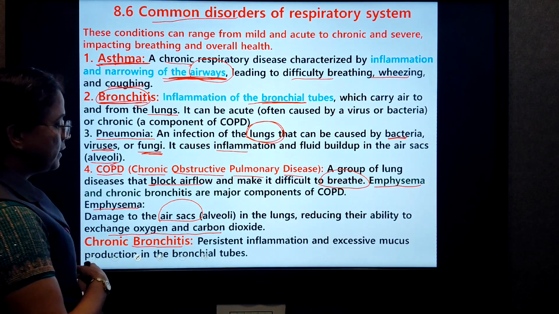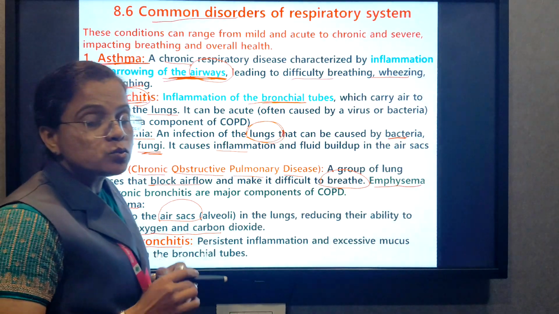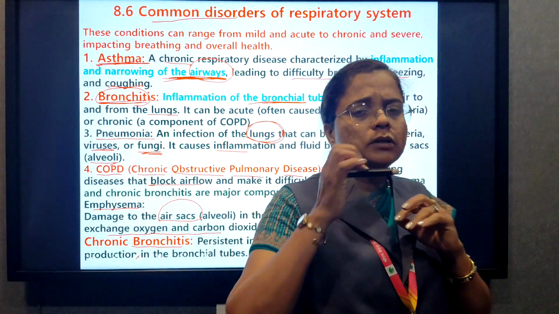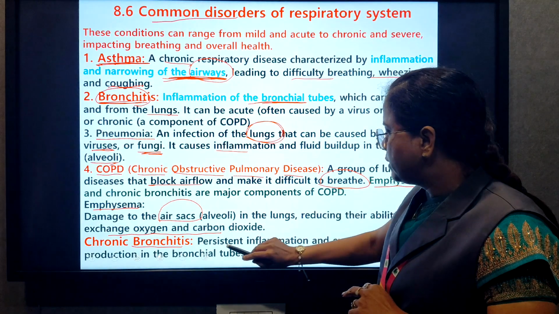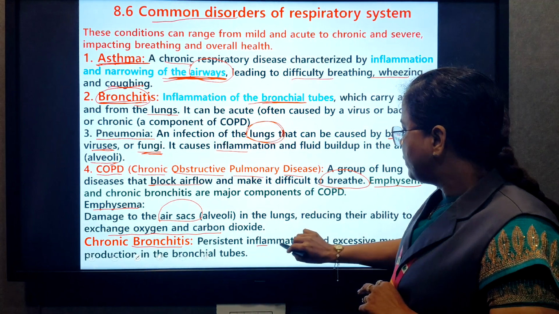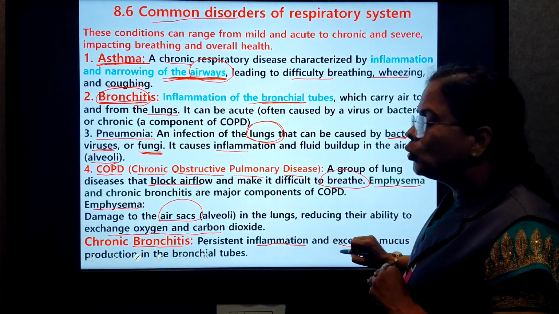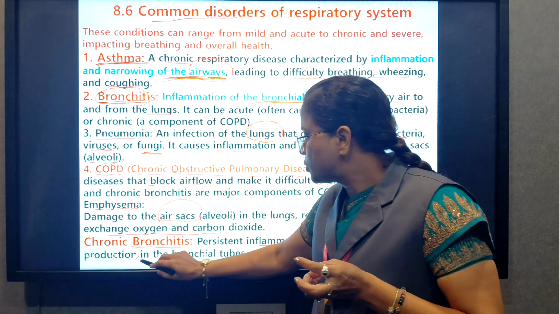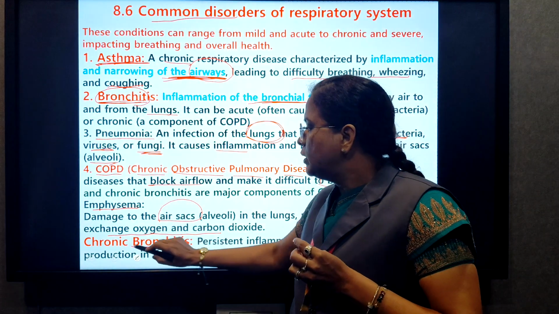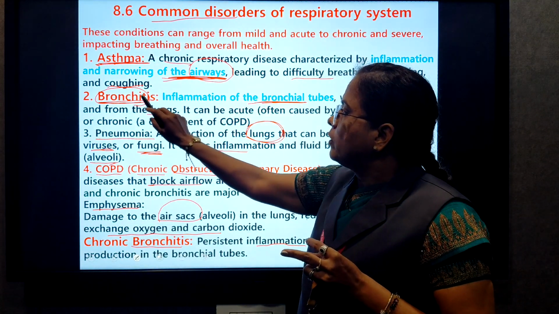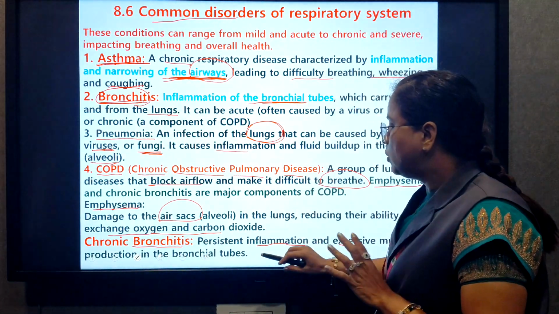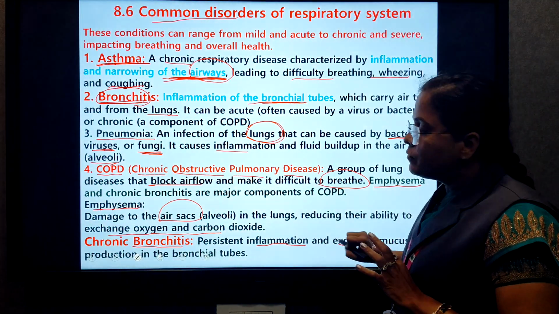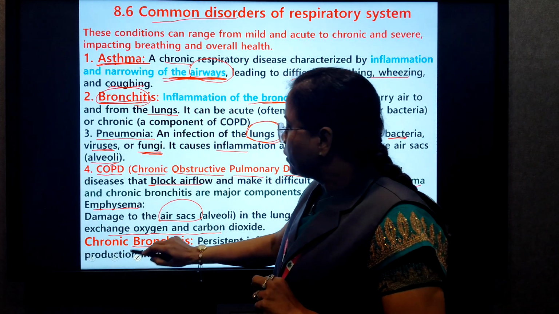The last one is chronic bronchitis. Chronic means long term, that the disease is persistent. So persistent inflammation and excessive mucus production in the bronchial tube. This is different from simple bronchitis; chronic bronchitis means persistent inflammation and mucus production in the bronchial tube.